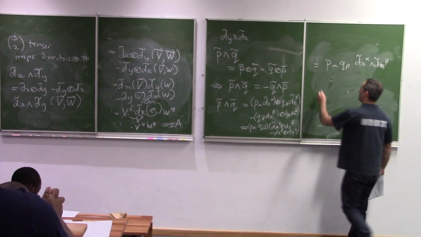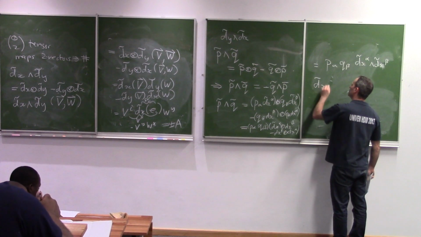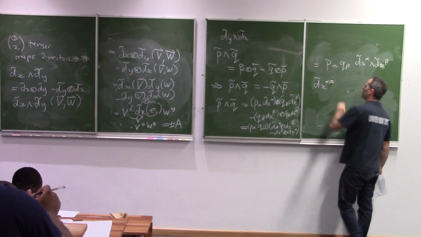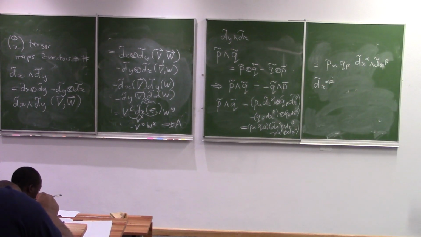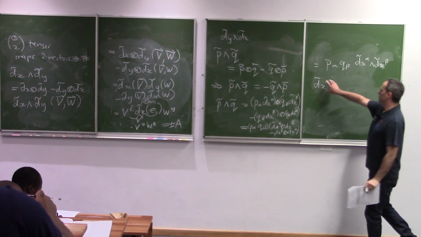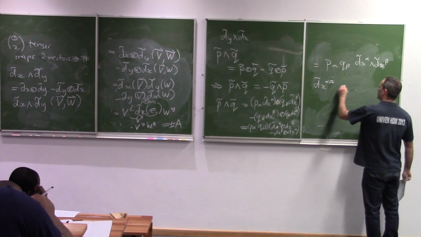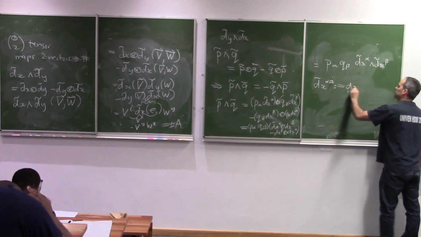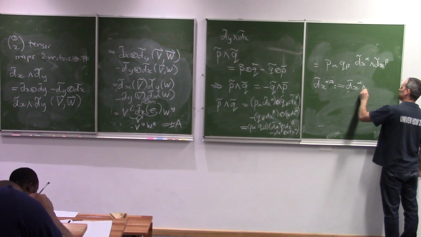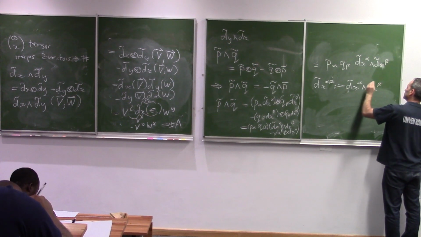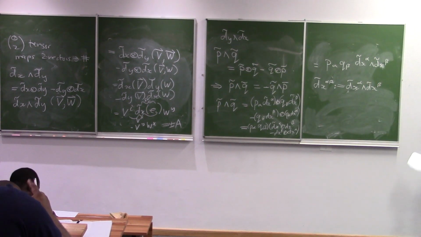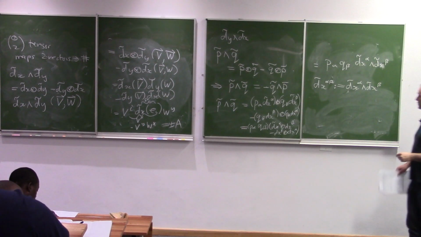Alright, so I'm just going to introduce some shorthand notation. We're now going to have a basis for two forms, and we're going to write that as dx alpha wedge dx beta.